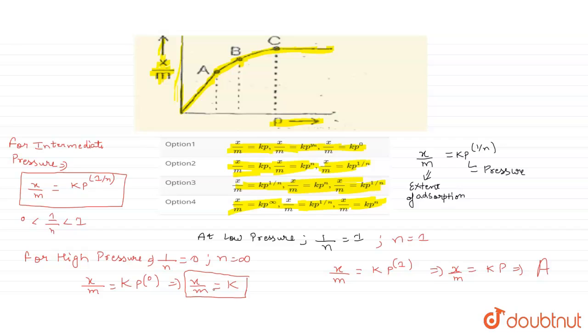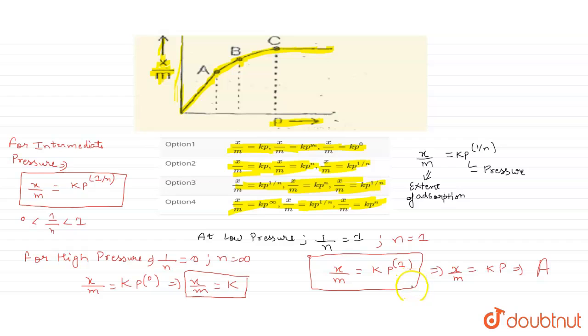Okay, what is adsorption isotherm? What is the Freundlich equation at high pressure, low pressure, and intermediate pressure? It is clear that extent of adsorption increases with pressure, because at low pressure you can easily see that extent of adsorption is directly proportional to pressure. x by m equals kp, that is x by m is directly proportional to pressure.